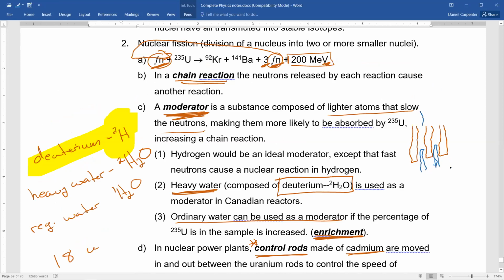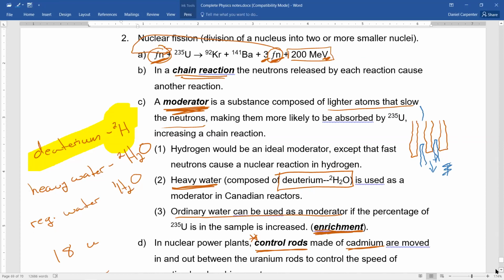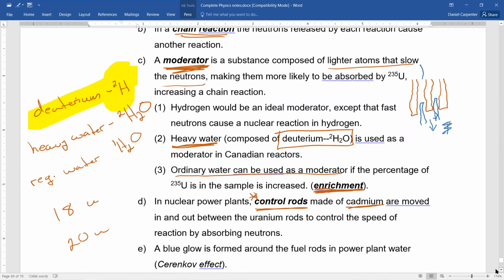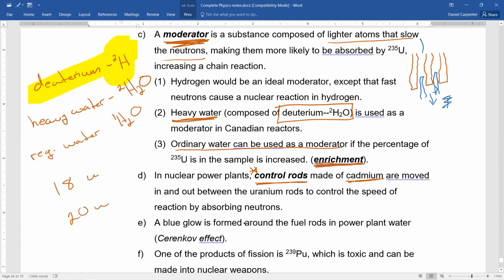So if we need the reaction to speed up, then those control rods move farther up to, however far up here they need to move to block the neutrons. And if the reaction needs to slow down, then these rods can be pulled out. And so they can move in and out as needed to control the speed of the reaction.